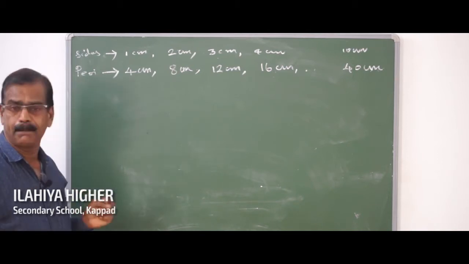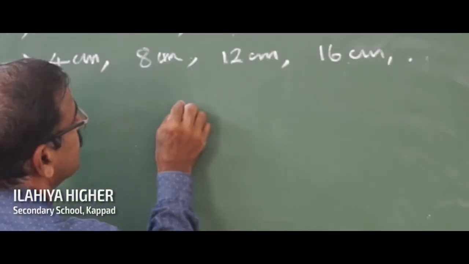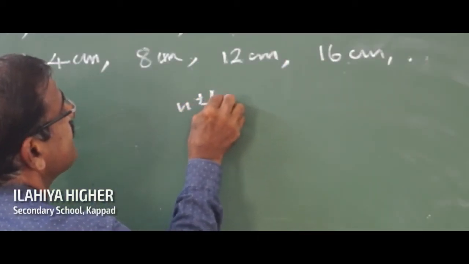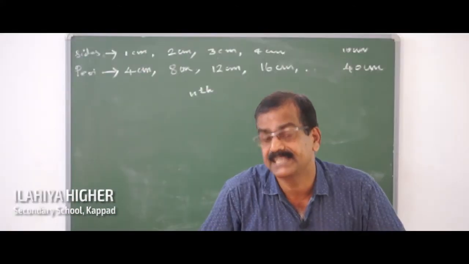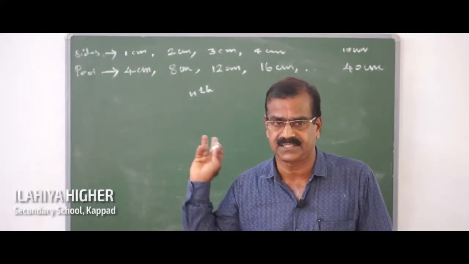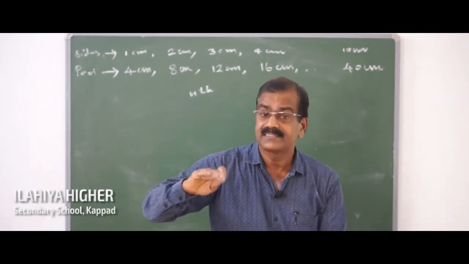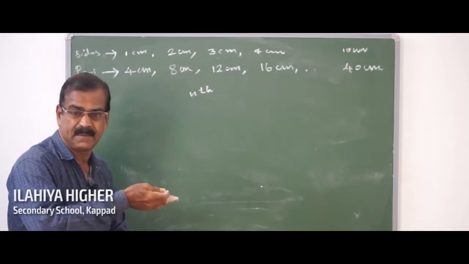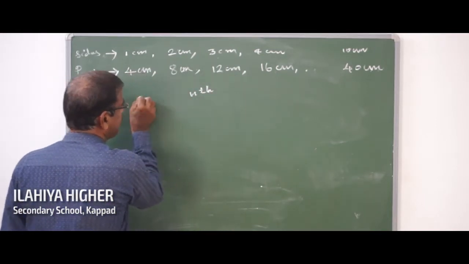So what is the perimeter of nth one? Here nth means an arbitrary number. That can be any natural number here. 200th, 300th, so nth.